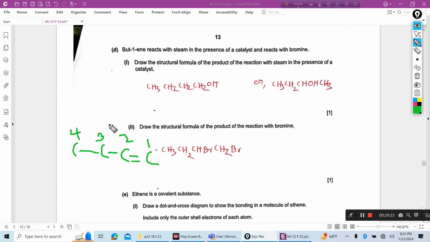So Br2 means bromine, 2 bromine atom. When but-1-ene reacts with bromine, 1 bromine will be added with number 1 carbon and another bromine will be added to second carbon. That's why 1, 2, 3, 4, 1,2-dibromobutane.